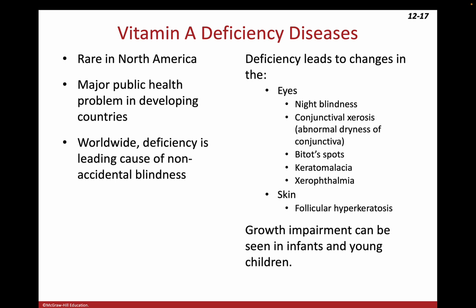Now, deficiencies will lead to changes within the eye. Those could be night blindness, conjunctival xerosis, which is an abnormal dryness of the conjunctiva, something known as Bitot's spots, keratomalacia, and xerophthalmia. In the skin, we can have something known as follicular hyperkeratosis. And the other thing to remember here is growth impairment can be seen in infants and young children.